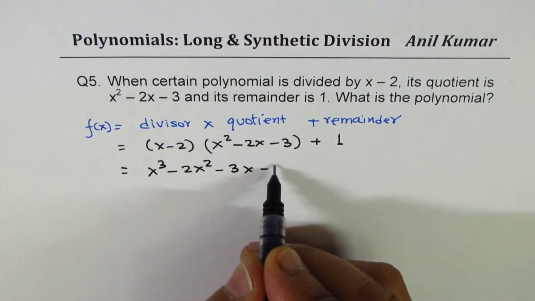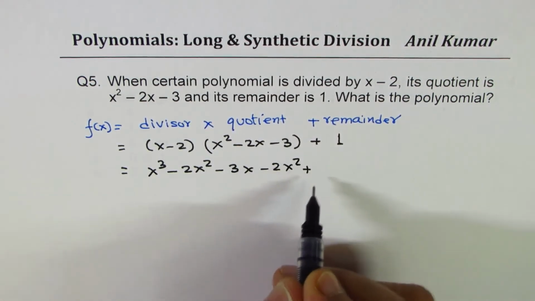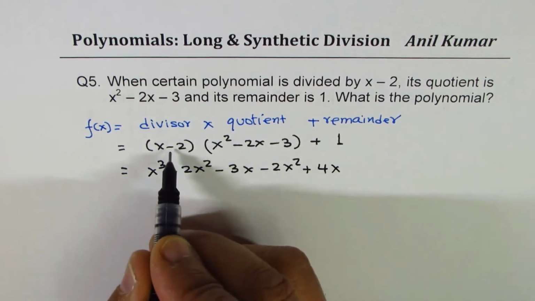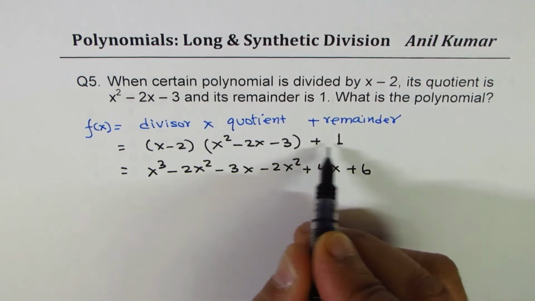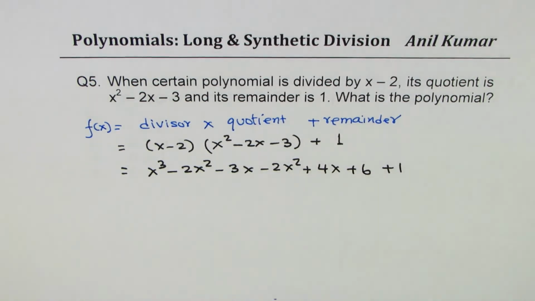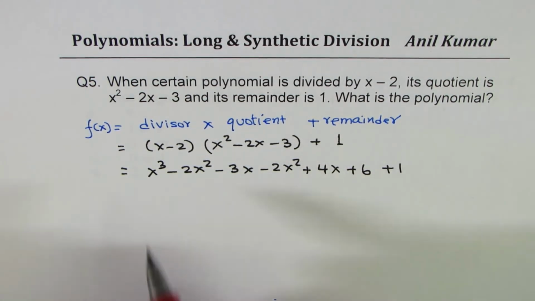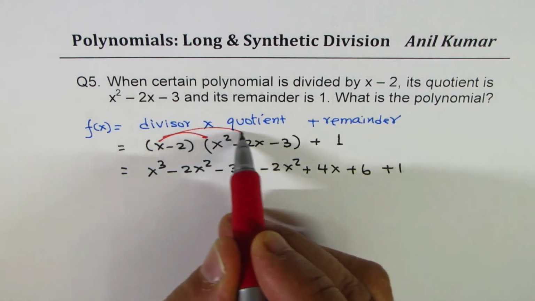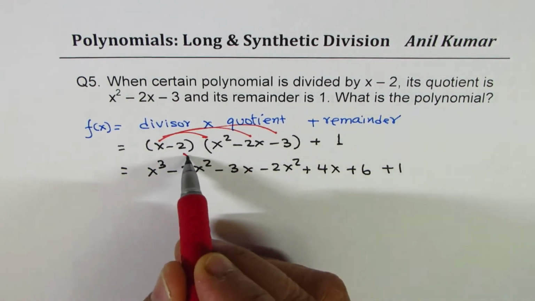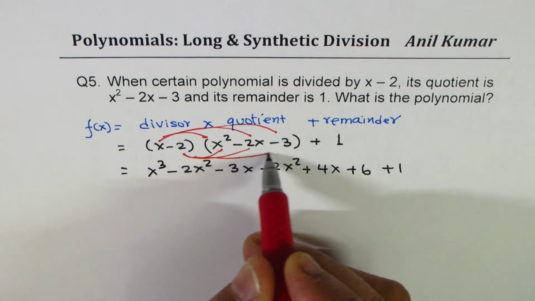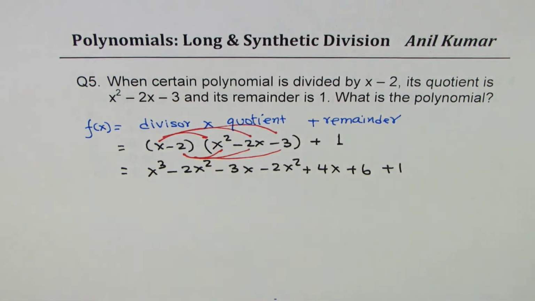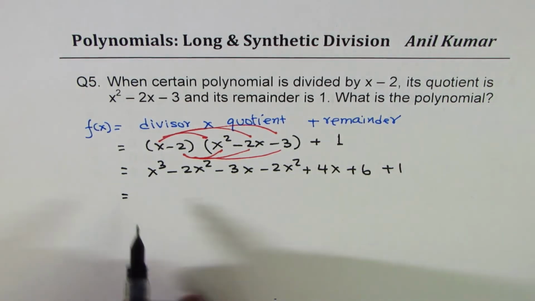Now with minus 2, we get minus 2x squared plus 4x plus 6, and then we'll add 1. Correct? So we just applied the distributive property. First we multiplied with x, all the 3 terms, and the rest 3 terms we got after multiplying with minus 2. So we have 6 terms. We'll combine 1, the constant, with them.